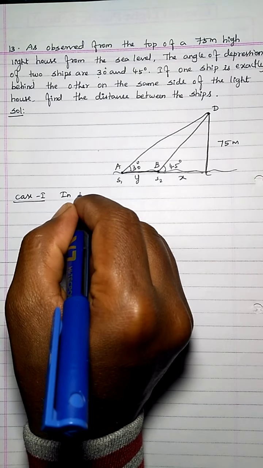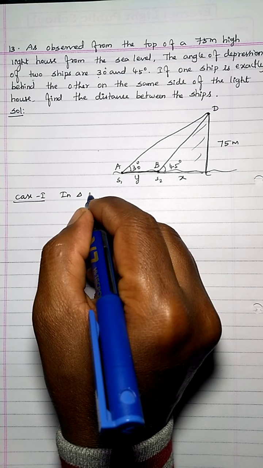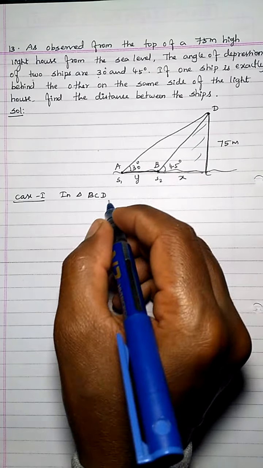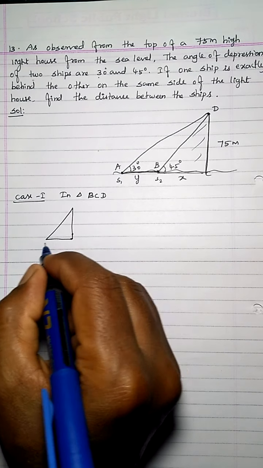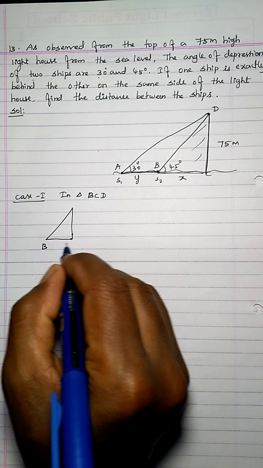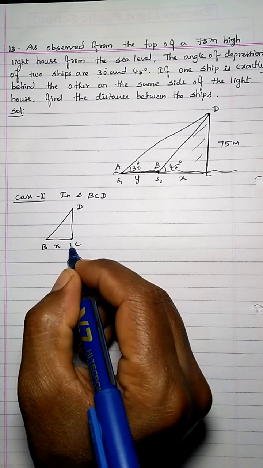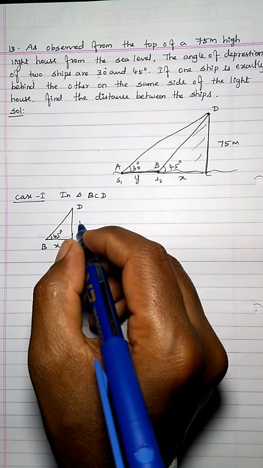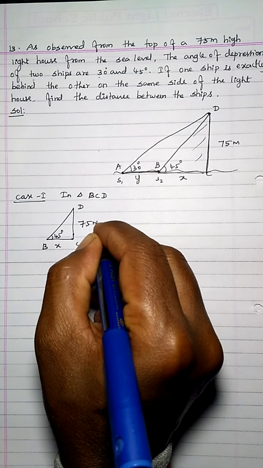Case 1, in triangle, first we can take this triangle BCD. Okay, let's draw now the BCD triangle here. BC distance we have taken as x and the angle we have here is 45 degree, and C to D distance means the height of the lighthouse, already given 75 meter.